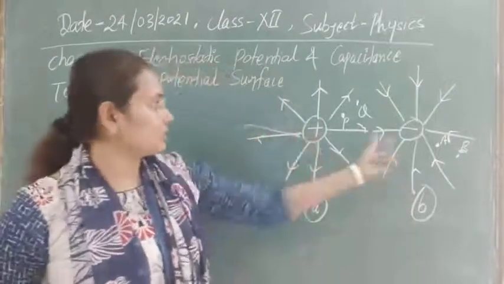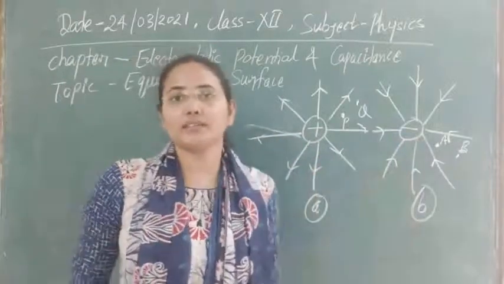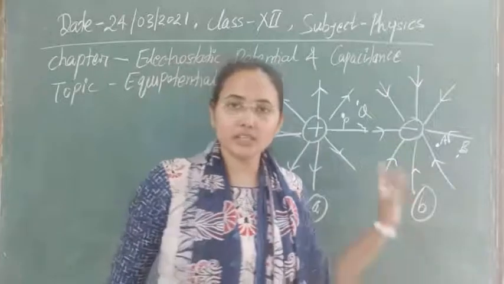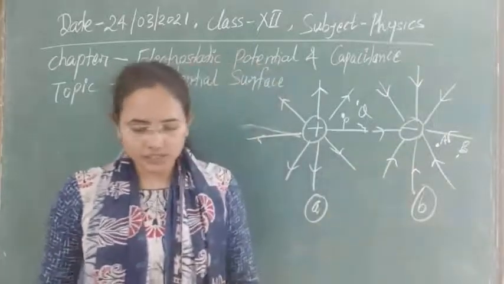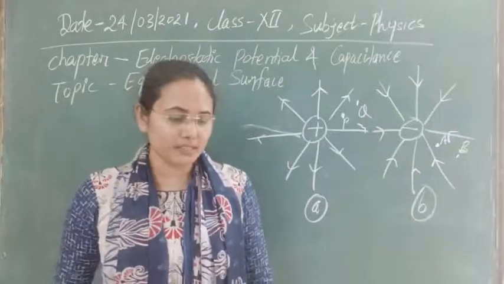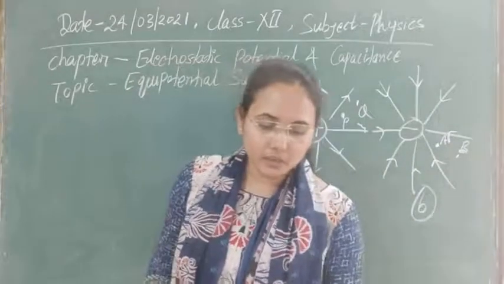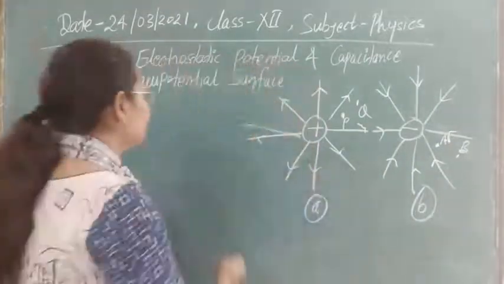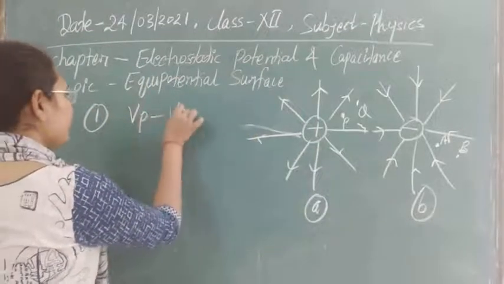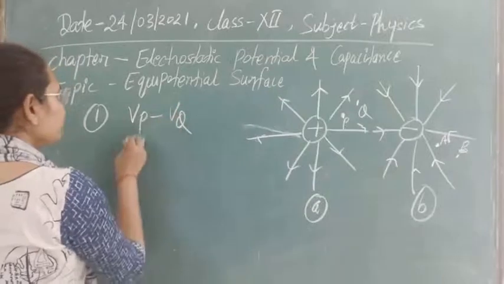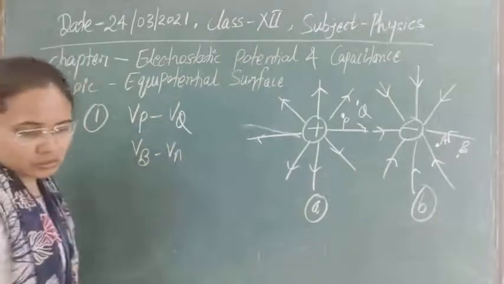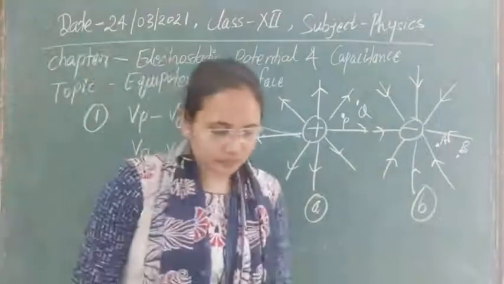There are a number of questions based on this. The first question: give the sign of the potential differences Vp minus Vq and Vb minus Va. So what will be the sign for Vp minus Vq and for Vb minus Va?